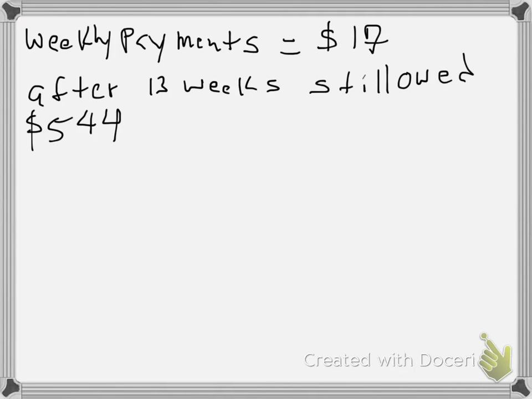Well, we know that what he started with, let's call it his balance B, is equal to 17 times 13 plus 544.